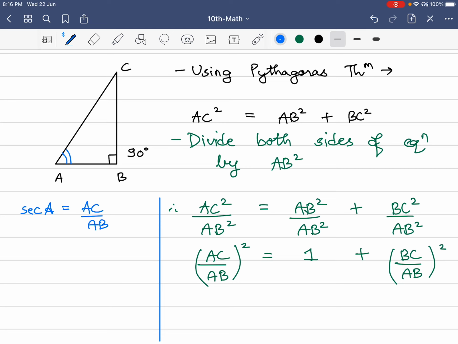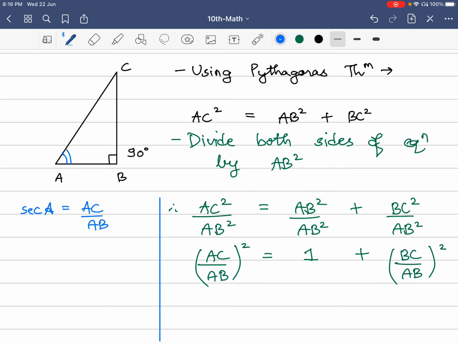Sine and cos are the foundation basic trigonometric identities. From these, other identities are derived. So you should just remember these two and then derive the other ones. So cos A is adjacent divided by hypotenuse, and sec A is just the reciprocal of cos A. So it will be hypotenuse divided by adjacent.